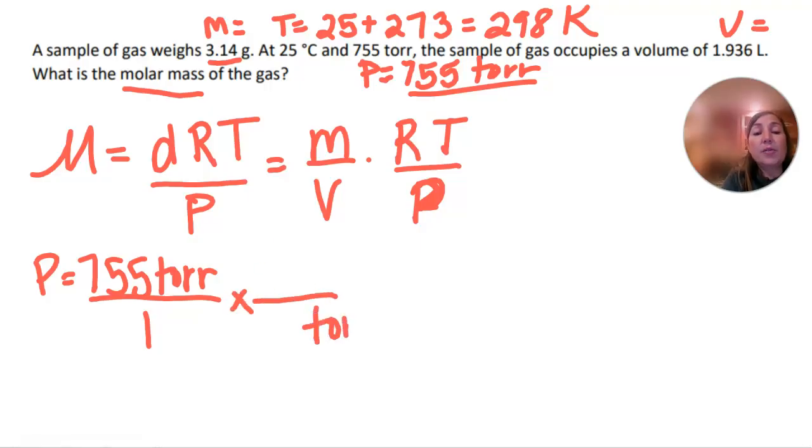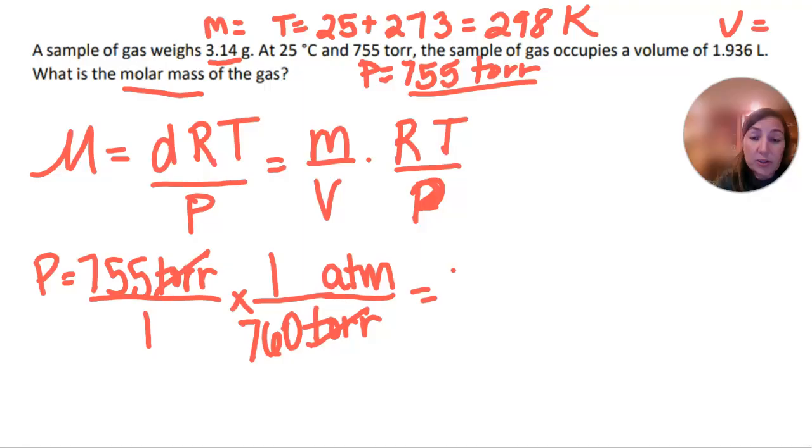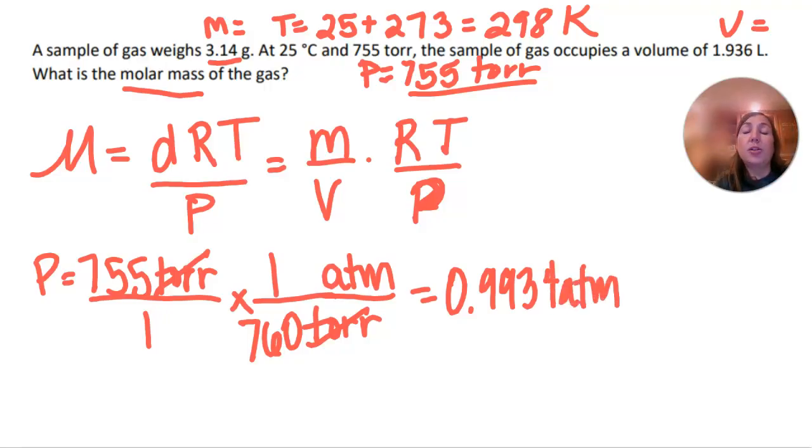Let's bring down torr and change those units to atmospheres. In 1 ATM, there's 760 torr. Okay, so torrs cancel. We want to convert to ATM. When I calculate that, I get 0.9934 ATM for that pressure. I think it'll be much better to have that pressure in ATM.